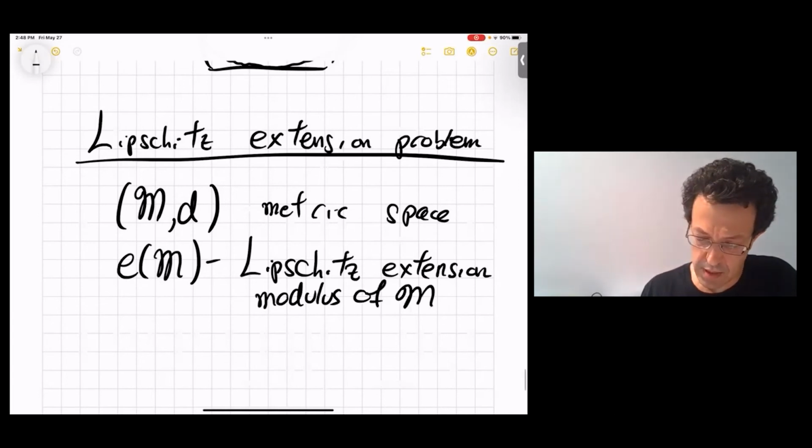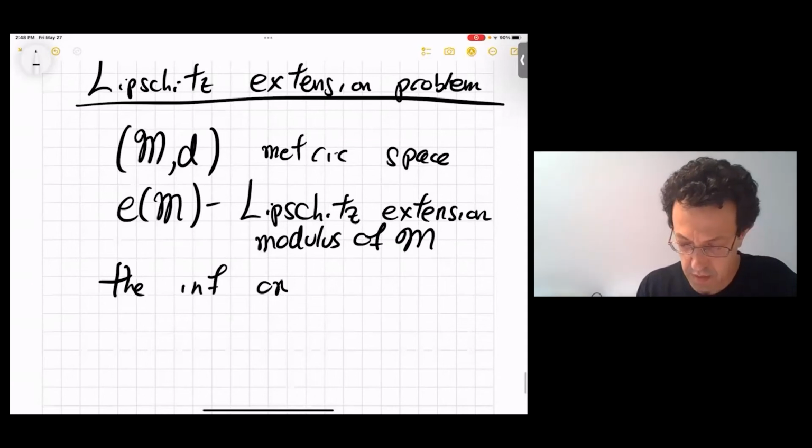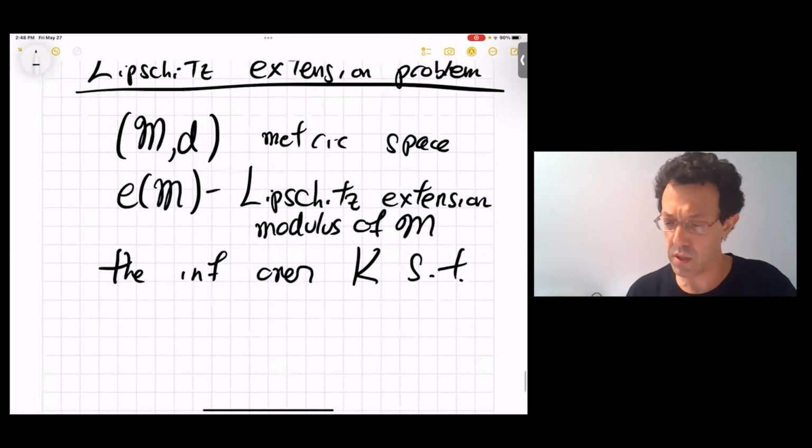And that is the smallest k, the inf over k, such that, and now I'm going to have lots of quantifiers.